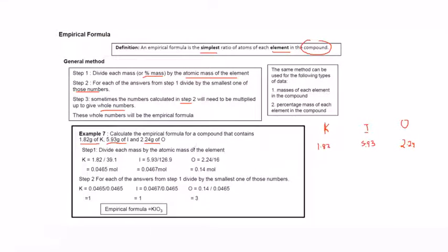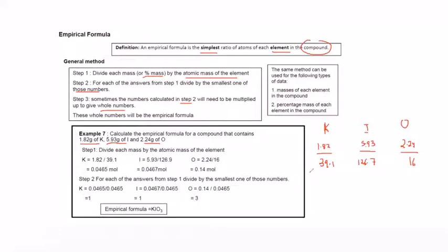So first step is to divide by atomic mass. The atomic mass of potassium is 39.1, the atomic mass of iodine is 126.9, and the atomic mass of oxygen is 16, so you will divide by 16.